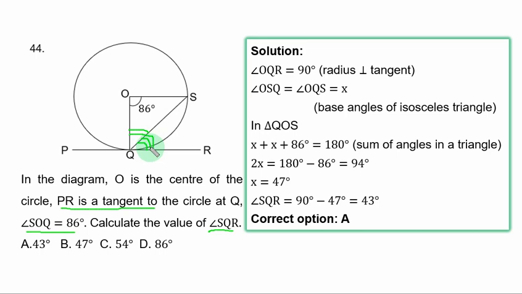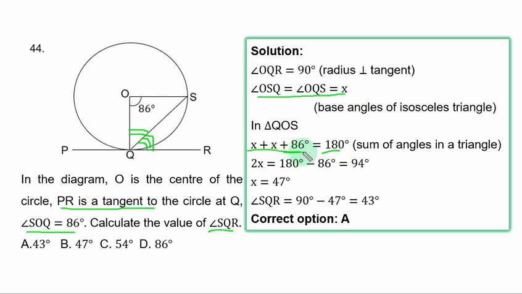Let us consider triangle QOS. OQ and OS are radii. That means that triangle is isosceles triangle with base angles equal. That is what you have here. In that triangle, if you add the three angles, the sum is equal to 180 degrees.